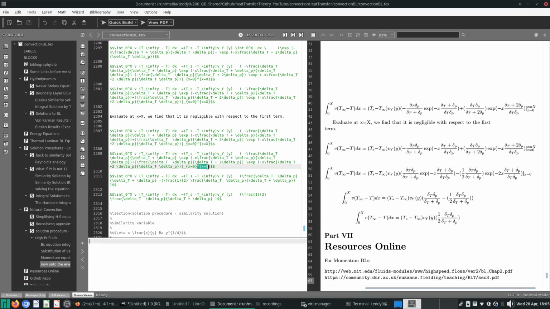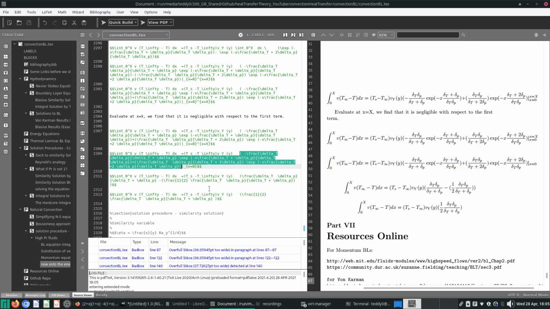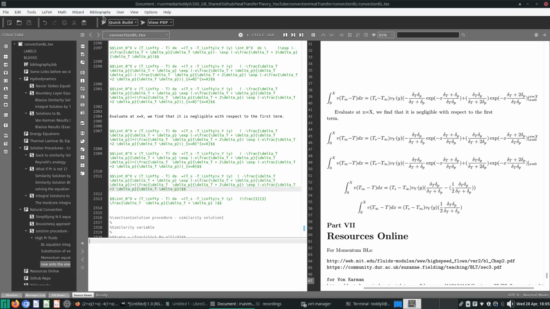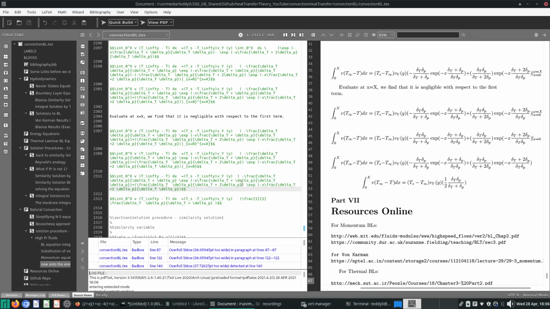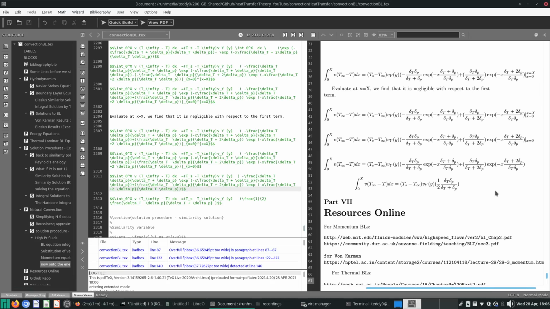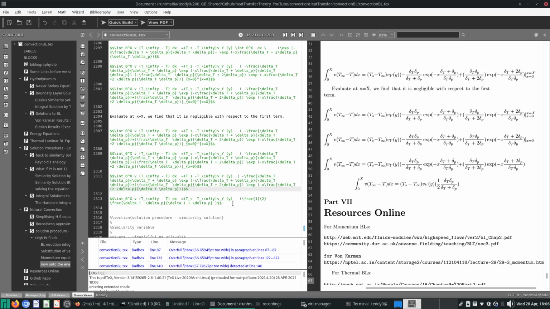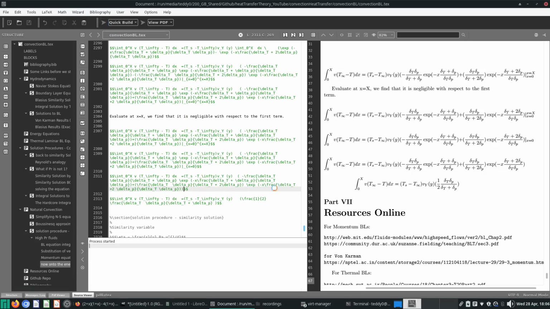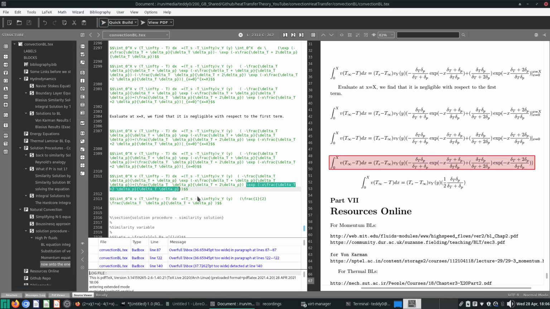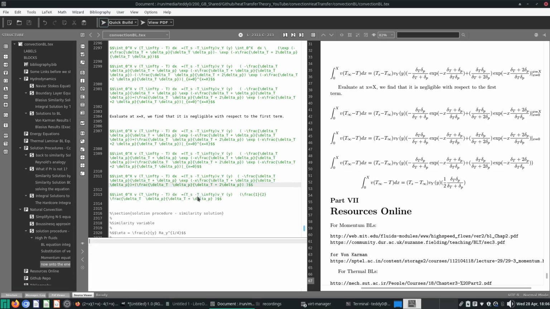Not x equals to X. And doing so, let me delete those exponentials, because they are just reduced to 1.